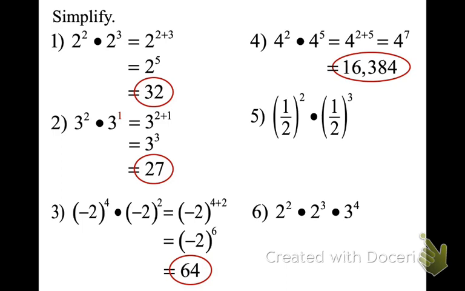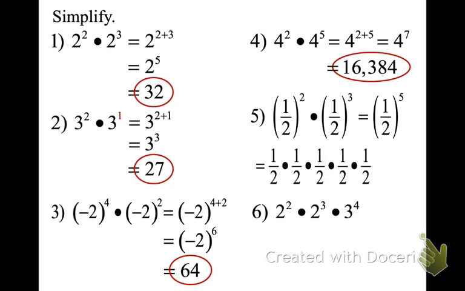All right, next one. Number 5. What is the base of the exponent, by the way? Everybody, 1/2. This really means 1/2 2 times, 1/2 3 times. It's 1/2 to the 5th power. We can multiply it like this, or we can say 1 to the 5th power and 2 to the 5th power.